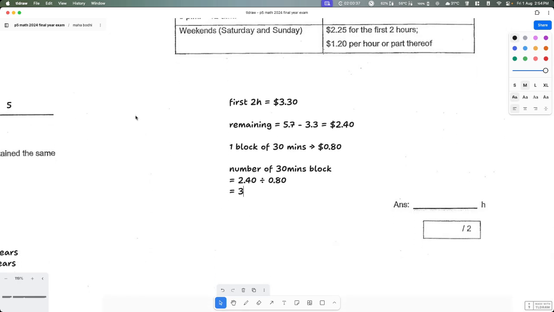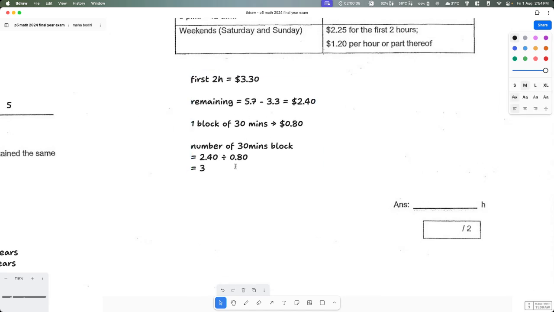From there, the remaining time is 30 minutes times 3, which is equal to 90 minutes, or equal to 1 hour 30 minutes, or equal to 1.5 hours.